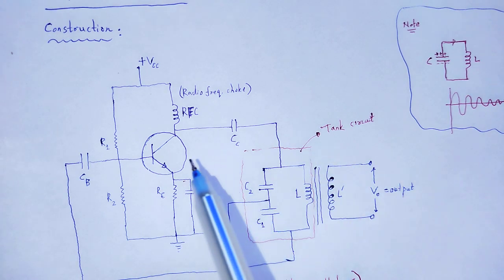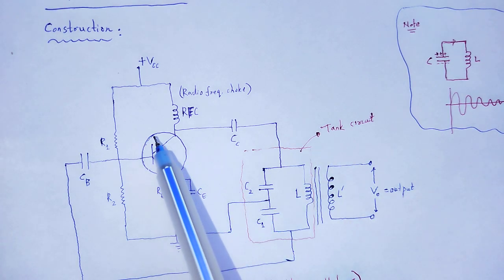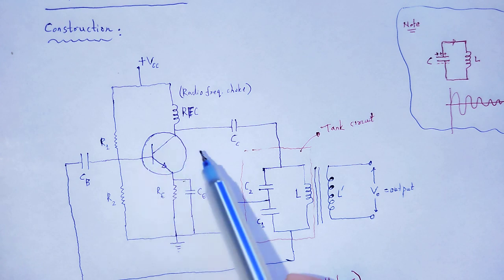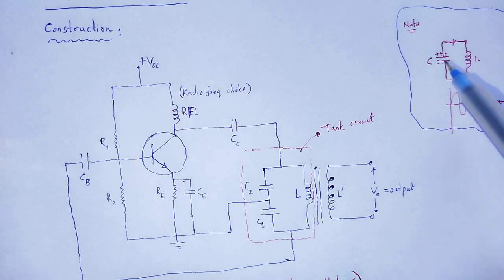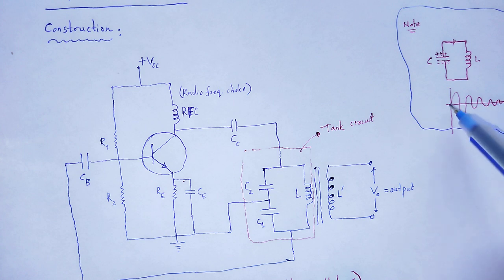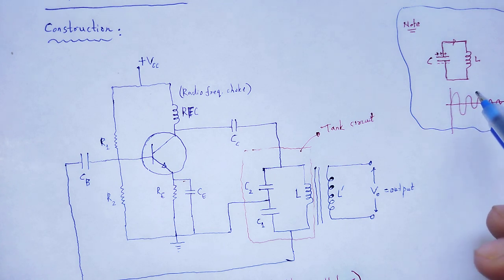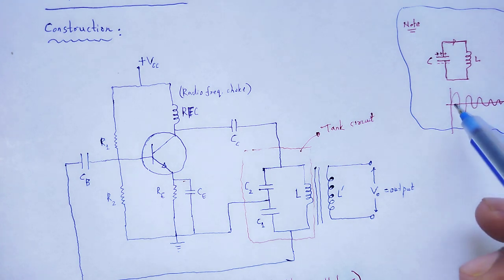Therefore, an amplifier is used to provide the feedback signal to the damped signal of the tank circuit to achieve proper undamped oscillations.